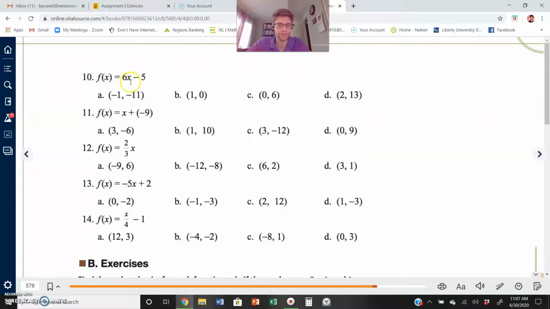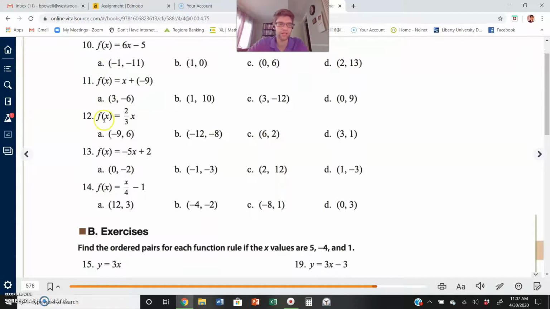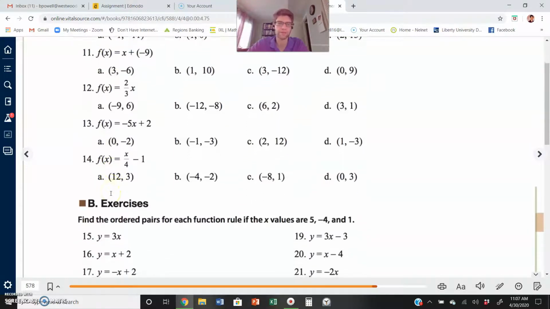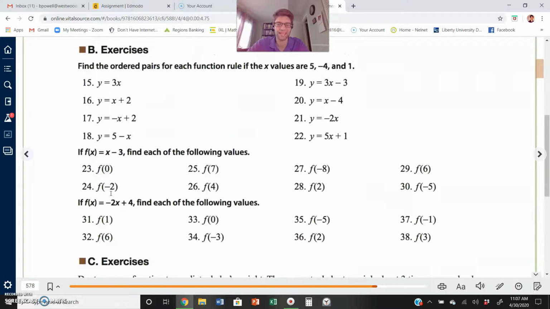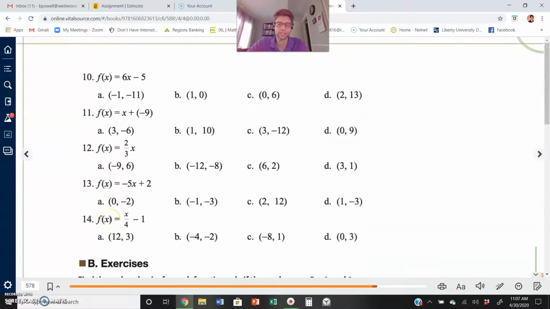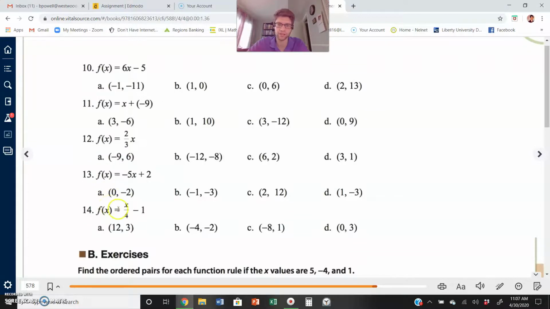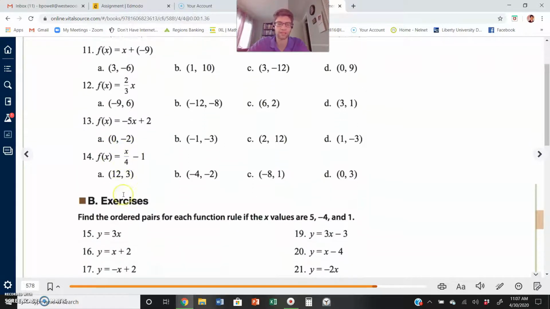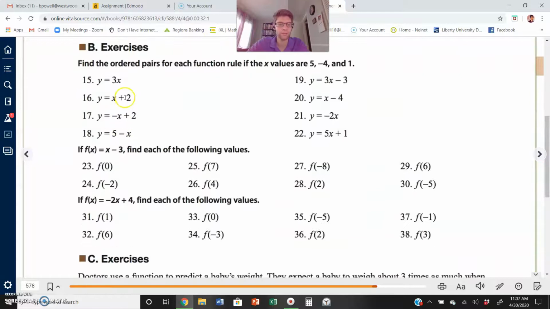Now when we plug in a 0 here, if we get a 6, then yes, it satisfies. If we do not get a 6, then no, it does not satisfy. Same thing with D. And you will do 10, 12, 14. You're only doing evens from 10 to 38. So 10, 12, and 14, you're just plugging in the x, seeing if you get the y. If you get the y, then that's the letter you choose.